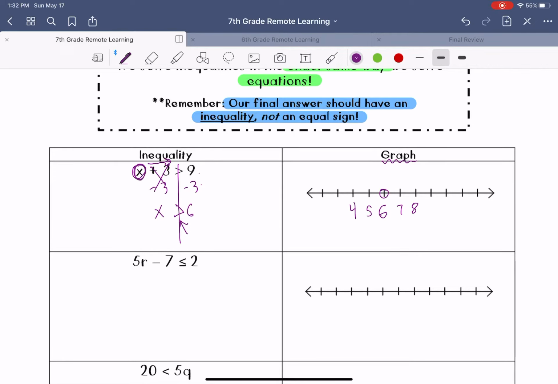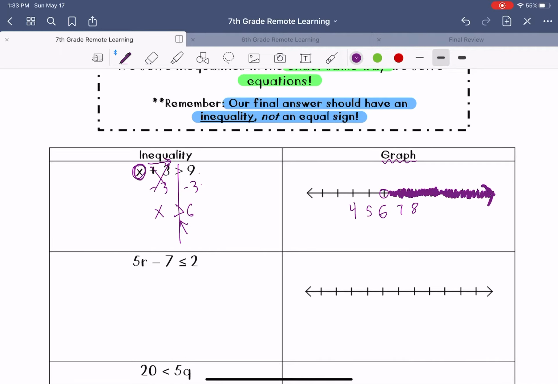So I'm going to shade to the right where all of my bigger or greater numbers are. Okay, and then I have to think about that circle. Is 6 included? And so is that circle open or closed? Well, since x is greater than 6, that means it's only numbers that are bigger. 6 is not included, and so my circle stays open.